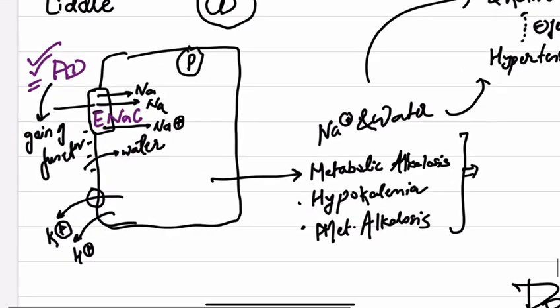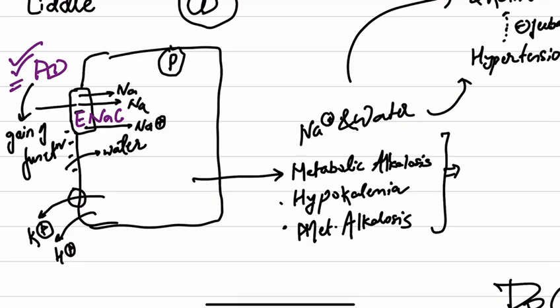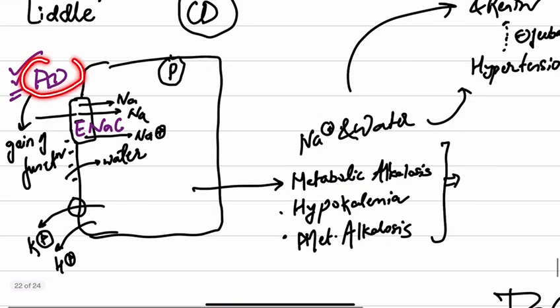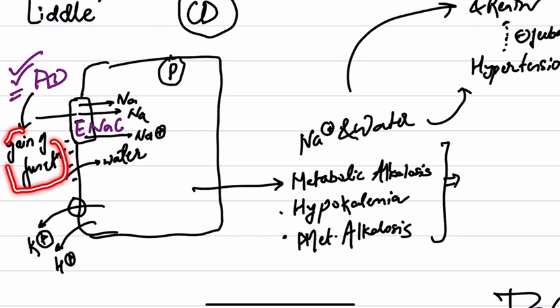Okay, in Liddle syndrome, this is something important. It is autosomal dominant; Bartter is autosomal recessive, and Gitelman, the thiazide one, is also autosomal recessive, but Liddle is autosomal dominant. It is a gain of function mutation, meaning the ENaC channel will be overactive.